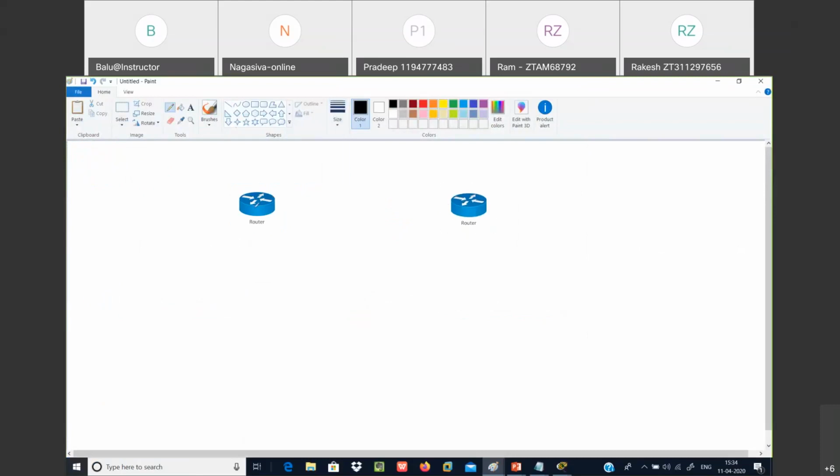Now R1 router, R2 router, two routers. R1 has configured OSPF and R2 has configured OSPF. Now R1 blindly, directly will exchange the database with the neighbor. Is it right, guys? Once you configure OSPF, will it directly send information? No. Then what will OSPF do?